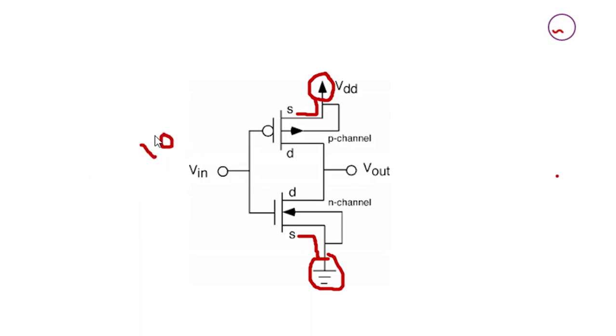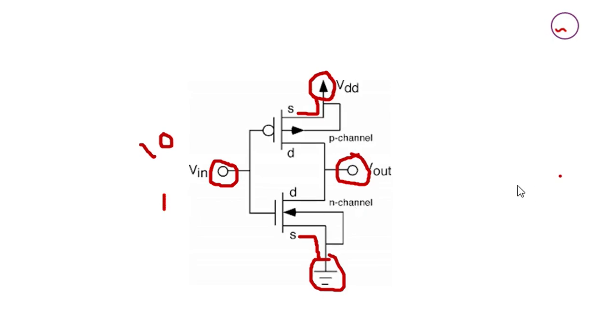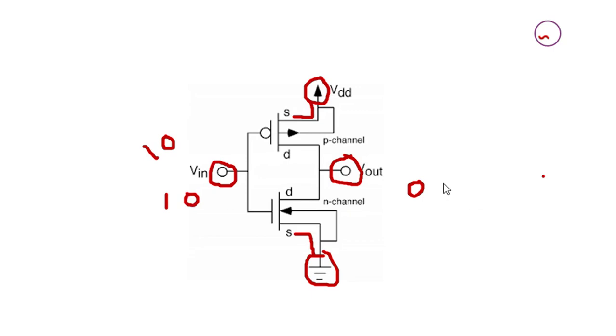The sequence of logics is applied to the terminal where the gate terminals of both PMOS and NMOS transistors are shorted, and this is where we are going to give the input, and the output is observed at the drain terminals. So if the input is logic 1, then the output will be 0. If the input is logic 0, then the output should be 1.